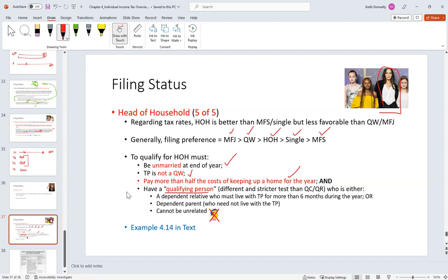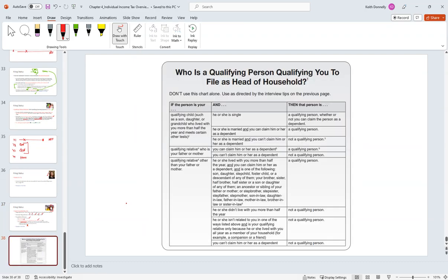In this way, you can't get in, right? If you remember Milhouse before, you just lived with them for the entire year and you got them as a qualifying relative. You can't do that for a qualifying person. It really does have to be a relative, somebody who's related to you. So you can look here, I added to this. What is a qualifying person?